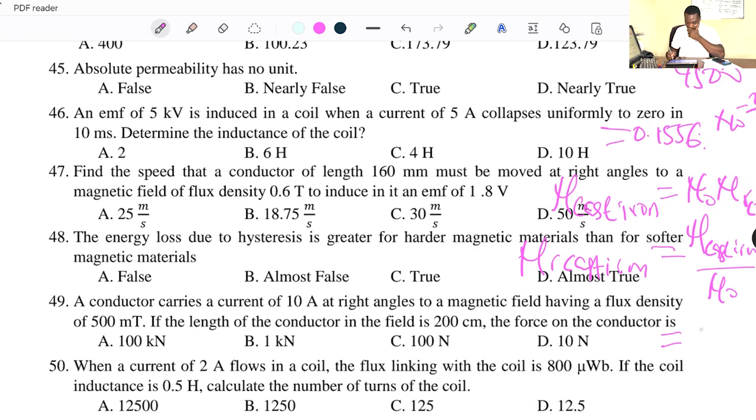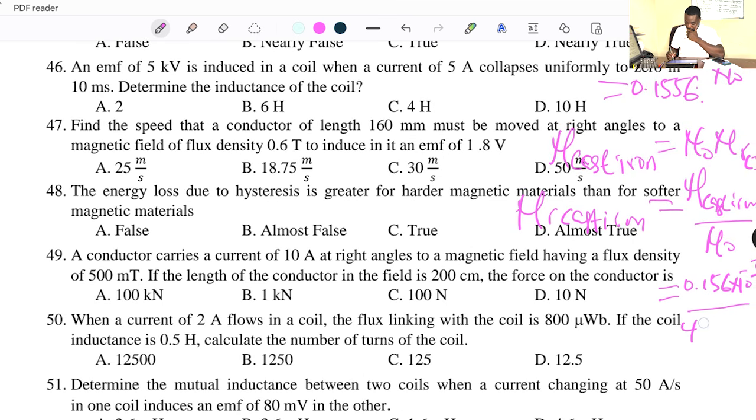And that will be equals to what we got here, which is 0.156 times 10 to the power minus 3, all over 4 pi times 10 to the power minus 7. And this will be equals to, you bring this up, 7, I would take this power 4. So we have 0.156 divided by 4 pi.